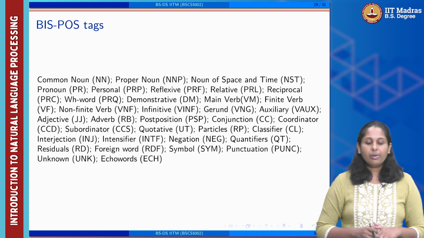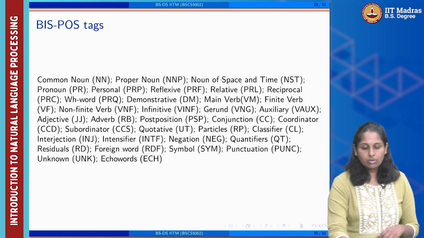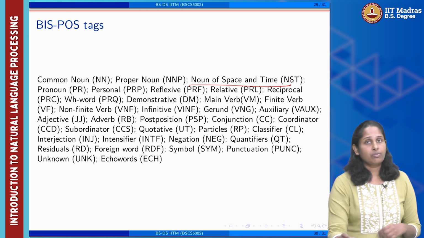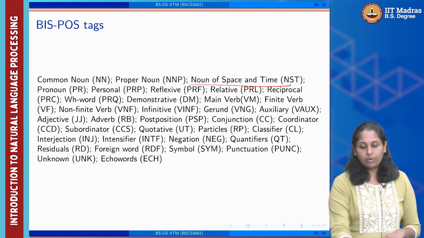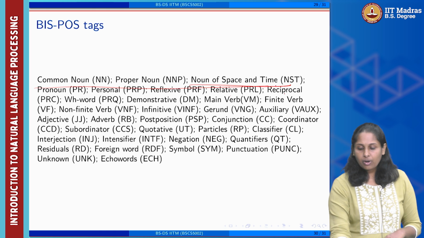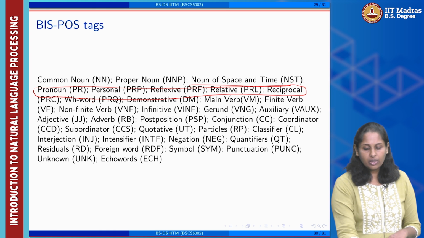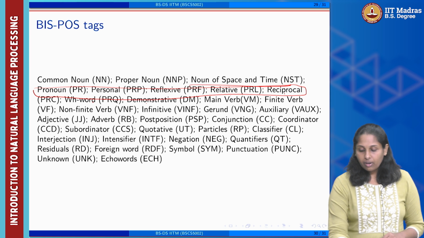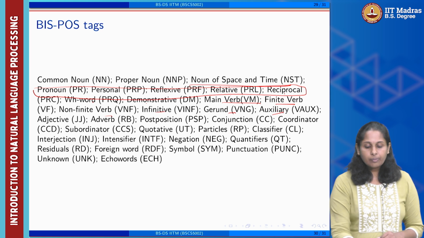So these are the common POS tag sets. So nouns, proper noun, nouns of space and time, which we have talked about, which is very unique in Indian languages, and pronoun, personal pronoun, reflexive pronoun, relative pronoun and reciprocal. So all these are part of pronouns hierarchically, and also WH word, demonstratives, and verbs again have hierarchy: finite verb, non-finite verb, infinitives, gerunds, auxiliaries, and adjectives and adverbs are different categories.